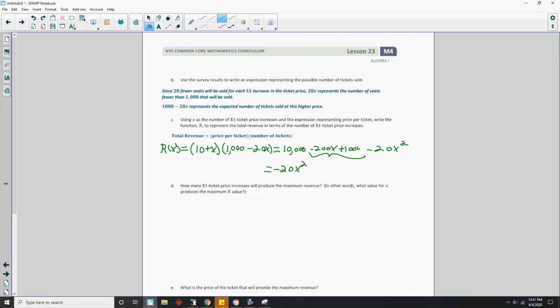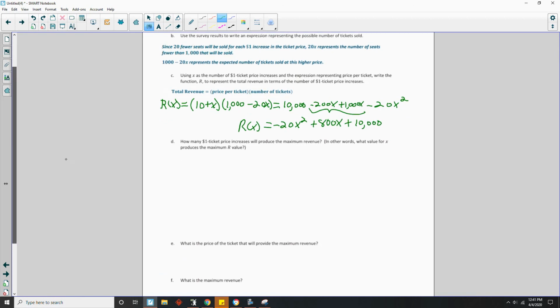That should be 1,000x, my apologies. So now 1,000 minus 200 is a positive 800x, and then plus 10,000 as my constant. Okay, so that is R of x. R of x equals negative 20x squared plus 800x plus 10,000.